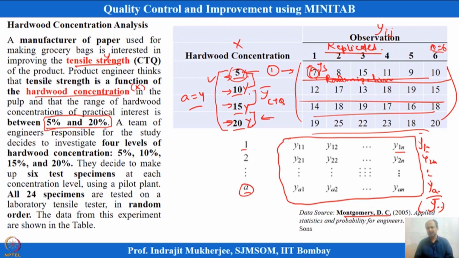But the sample size will increase. Here, 24 experiments were carried out in total. If I had taken only 2 replicates, I would have to do only 4 into 2, 8 experiments. So, you have to find the optimal combination, where I need to stop, how many replicates I will consider in the experimentation, considering the cost.